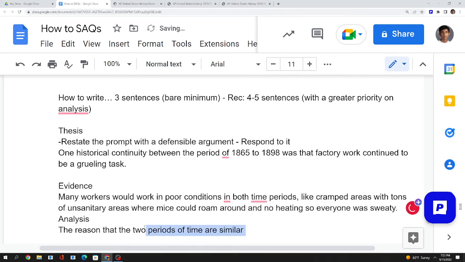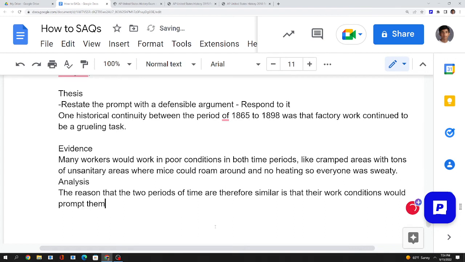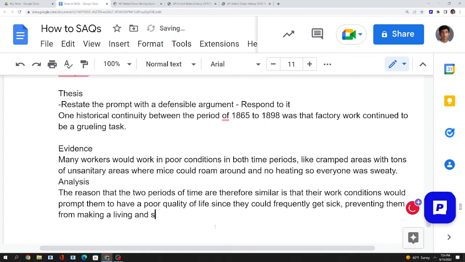The reason that the 2 are therefore similar is that their work conditions would prompt them to have a poor quality of life, since they could frequently get sick, preventing them from making a living and supporting their families, which would in turn increase crime rates in urban areas. That's analysis, right?